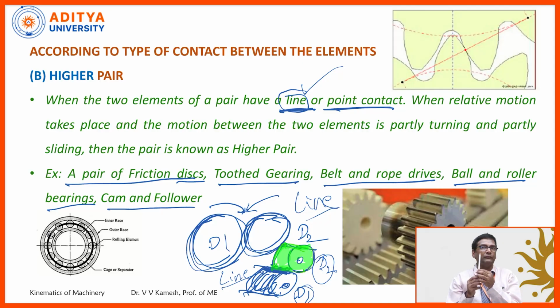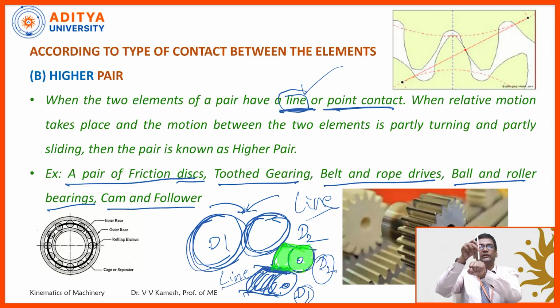What is the tip of the pen? It is a point. Suppose I am moving this pen over my hand like this. You can see the shape of my bottom surface, the hand, is irregular, right. So this is having point contact, clear.